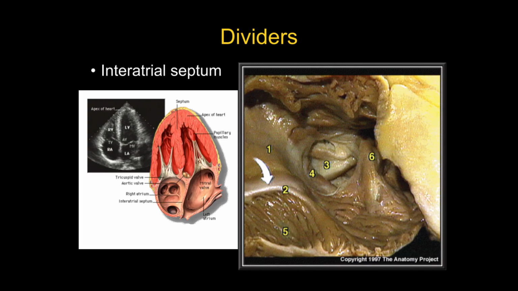So when we're talking about anatomy, the dividers of the heart are important because you do not want mixing of the venous blood with the oxygenated blood. So you need septa or septum walls.